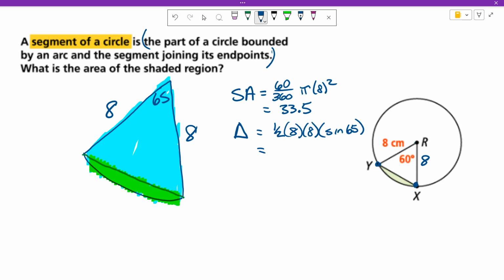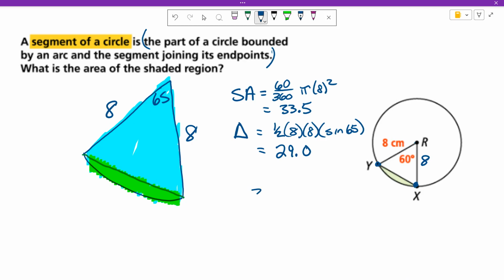Give me that as a decimal. 1/2 of 8 times the sine of 65. And it better be less than 33.5. Because if it's bigger, you did something wrong, because a triangle is inside that sector. And we're trying to find the green area. So what's 1/2 of 8 times sine 65? 28-ish, 29-ish? 29.0.